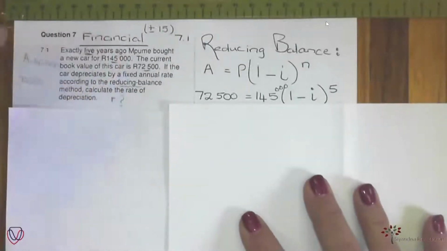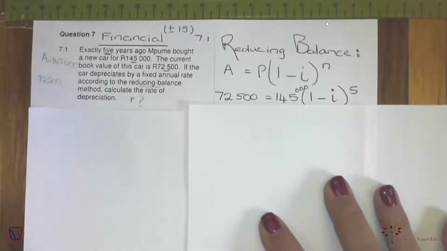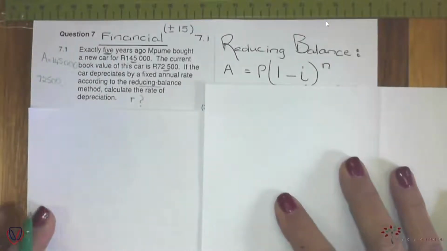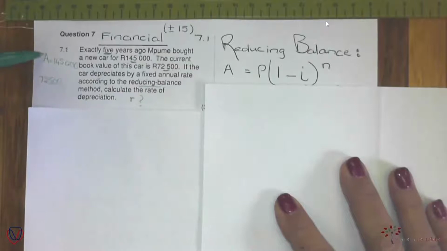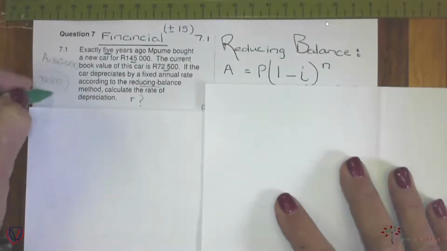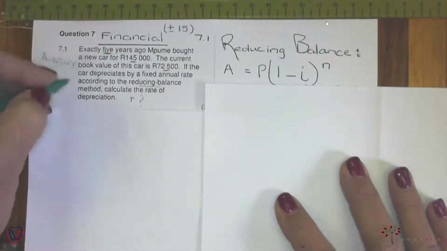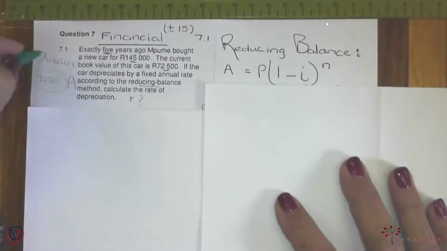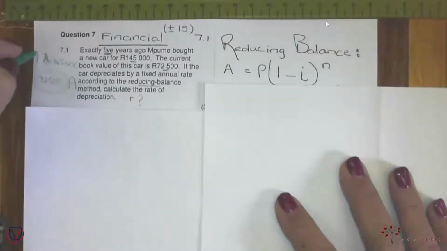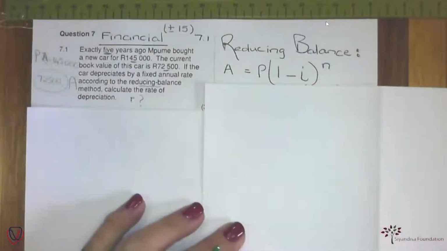Now, people, am I right if I say this is A? I wanted the reaction from you. No. This is the value of the car after 5 years. So this one is A, and that one is my P. Can you see that? Don't get confused.